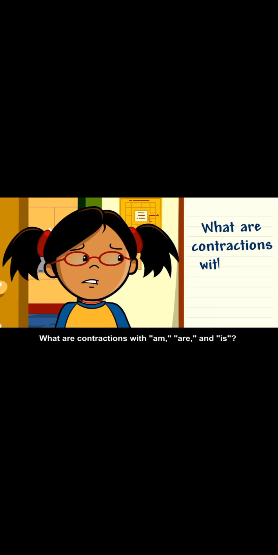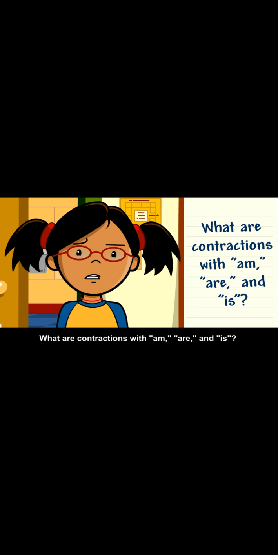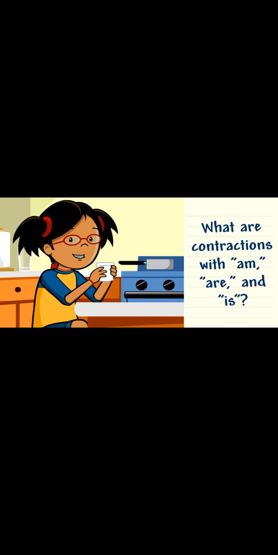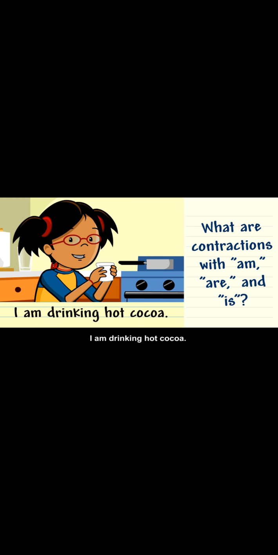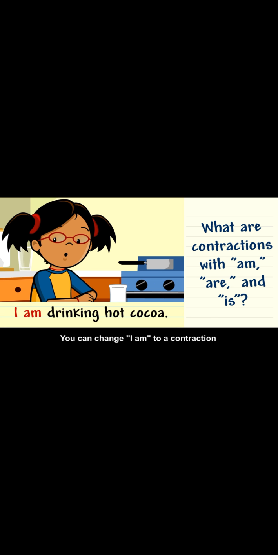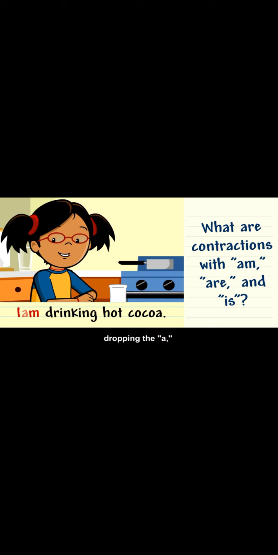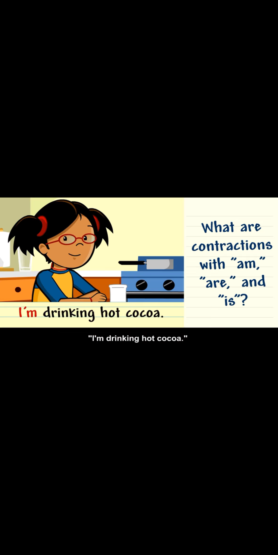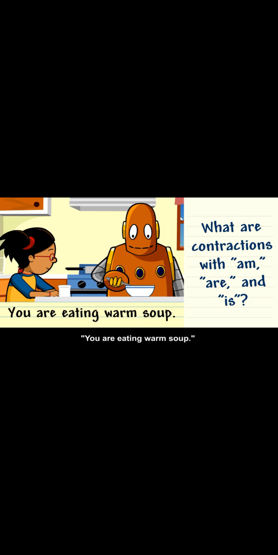What are contractions with am, are, and is? It sure is cold outside. I am drinking hot cocoa. You can change I am to a contraction by combining the words, dropping the A, and adding an apostrophe. I'm drinking hot cocoa. You are eating warm soup.